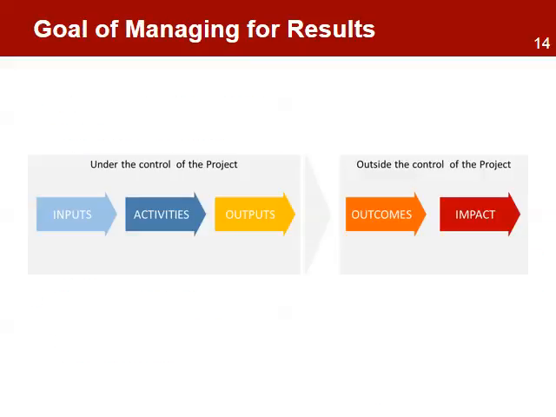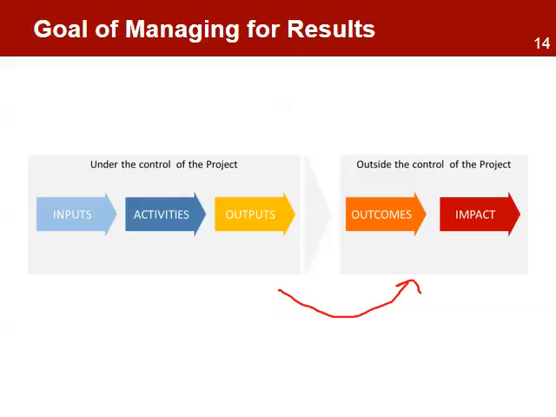The goal of managing a project is not just to use all the assigned inputs or complete all planned activities, or even deliver all the planned outputs. The goal is to see if the project is contributing to the achievement of the outcomes and eventually contributing to the impact.